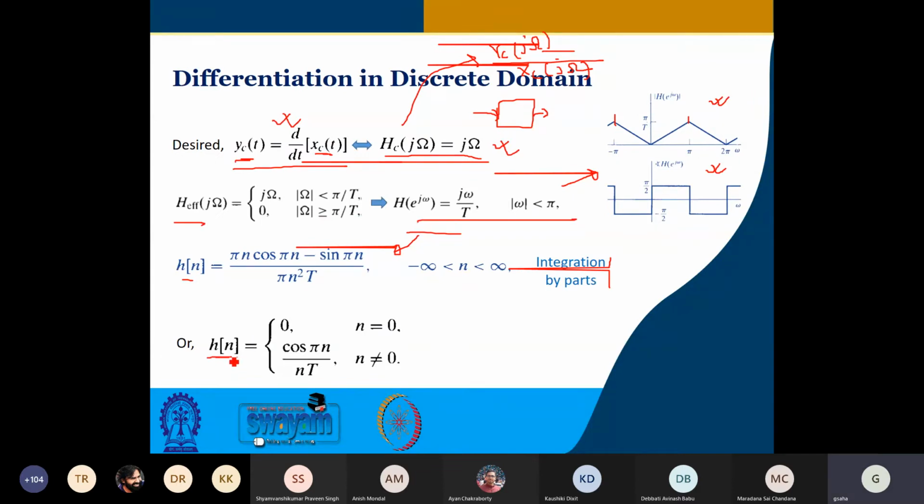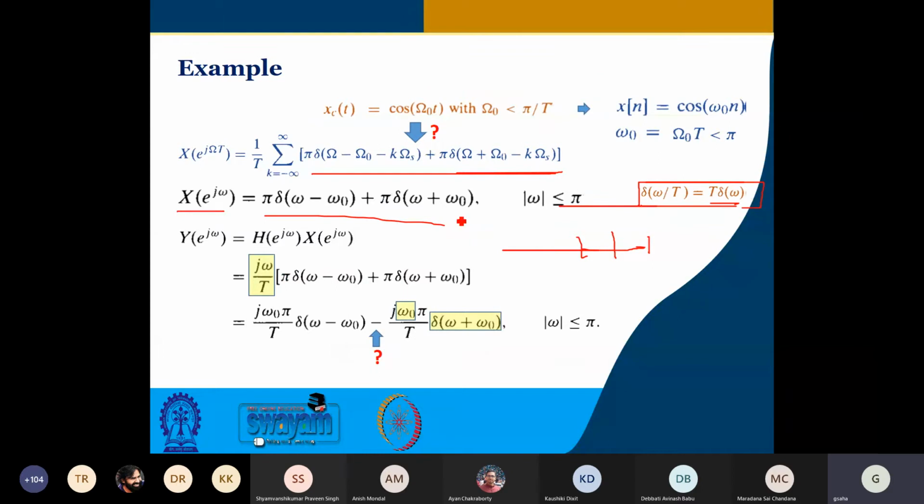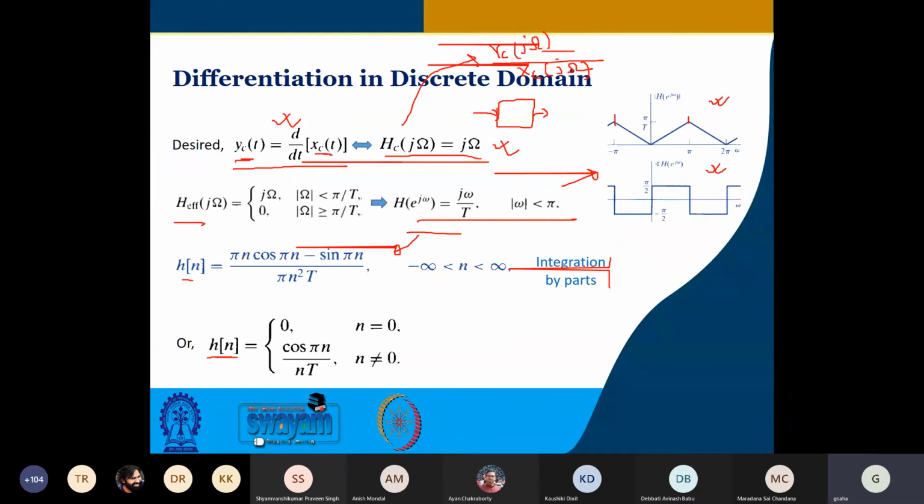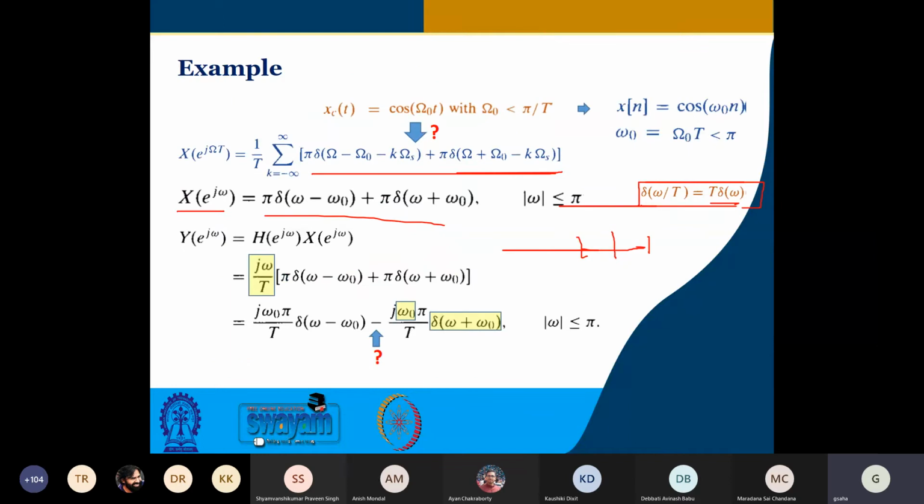Of course, with an h[n] which is as large as possible, and you are assuming that it is ideal; the truncation part can be taken up later. So this jω/T that you see here, within mod ω less than π, is placed here and multiplied with X(e^jω).